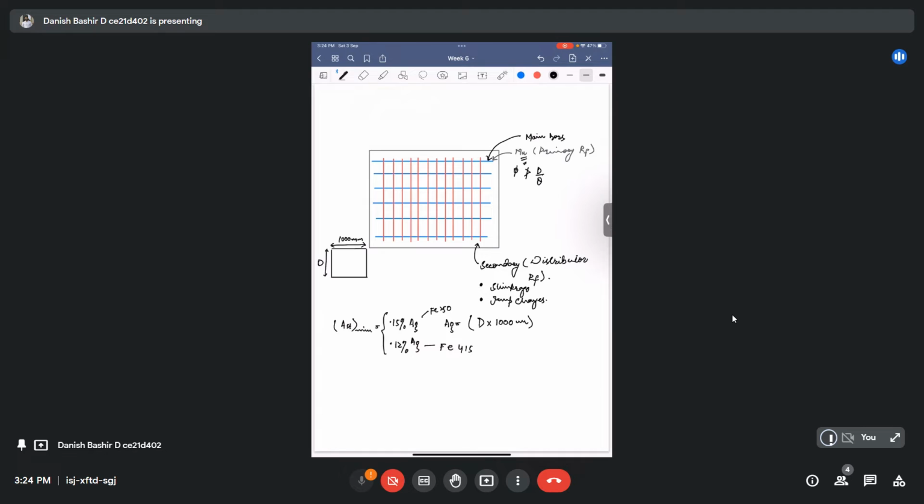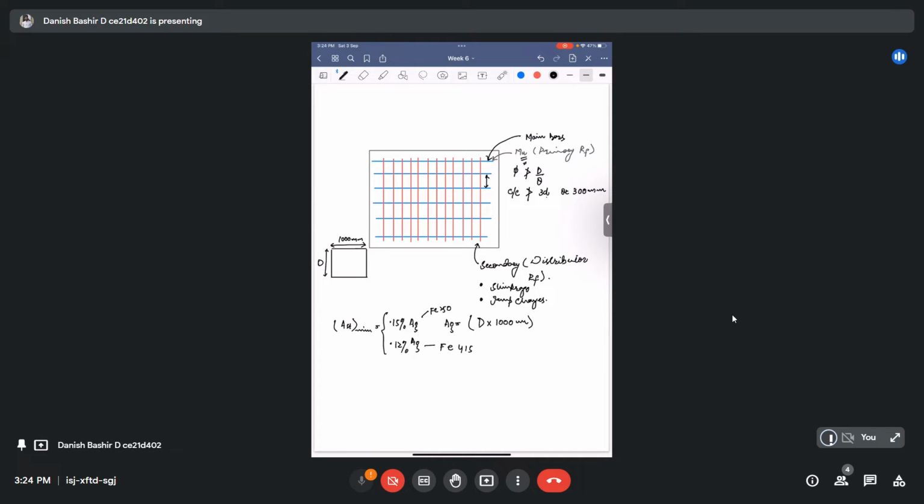And the center to center spacing, from the center of one reinforcement bar to the center of another, should not exceed either 3d or 300 mm. The lesser of the two you have to provide.